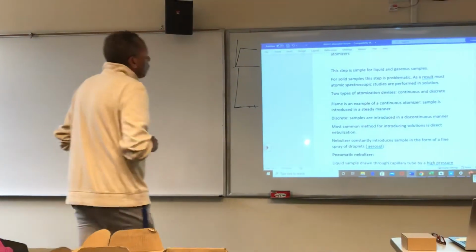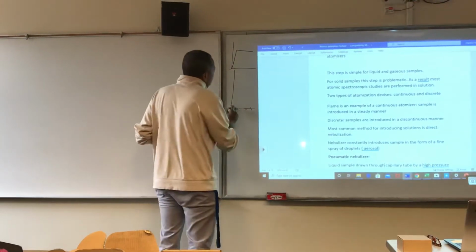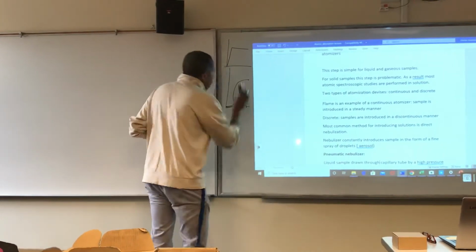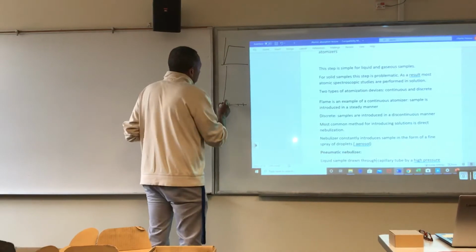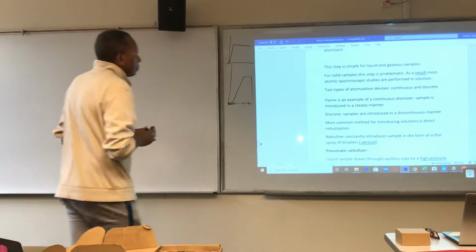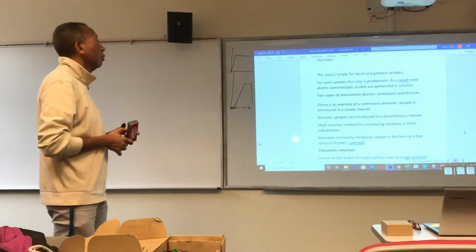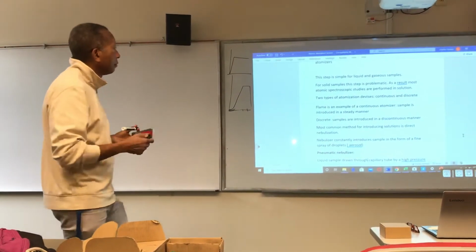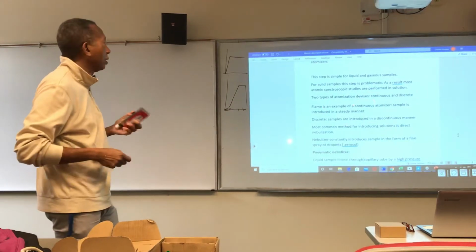The other option is discrete, where we start with nothing and it climbs, it stays there, and it drops like that, right? So in the flame, we have a steady flow of matter.